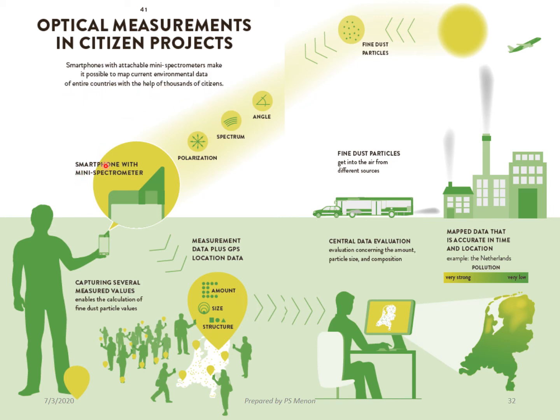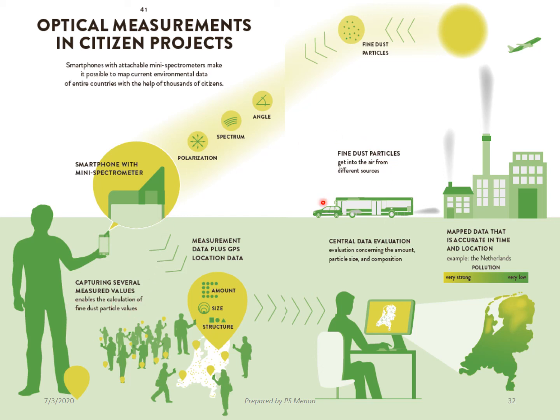So basically you have a smartphone with a mini spectrometer. The smartphone has a laser and also a detector. You can characterize the laser based on its polarization, its spectrum, and also angle. It can capture several measured values, and it enables the calculation of fine dust particle values.